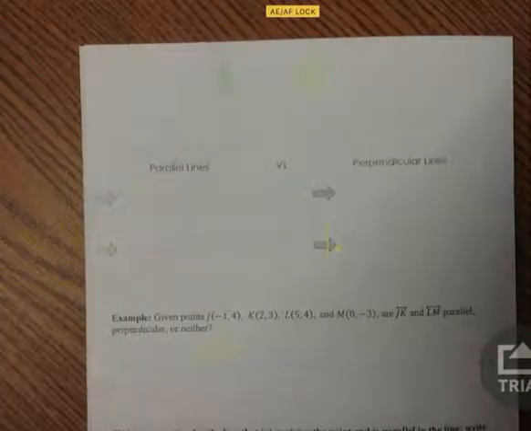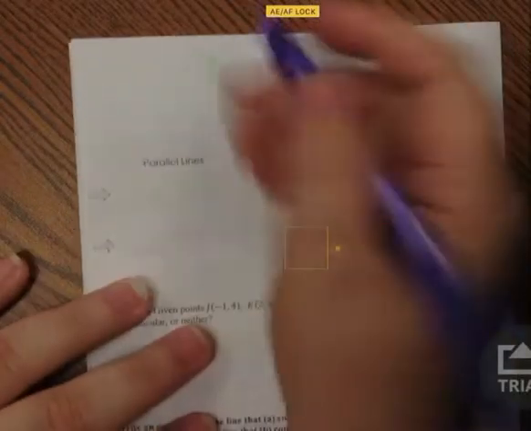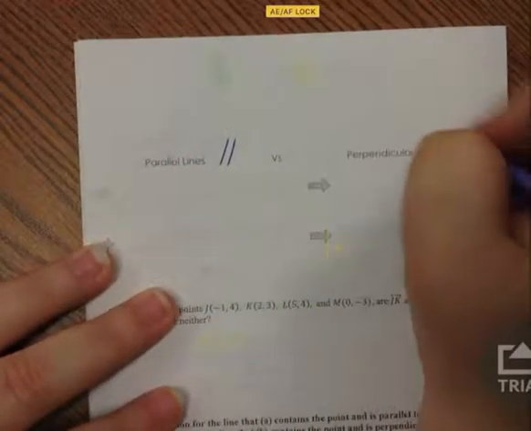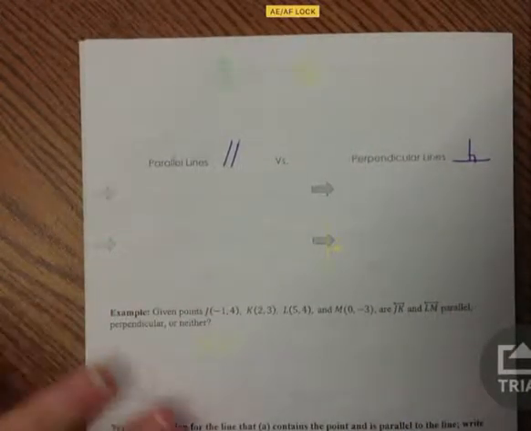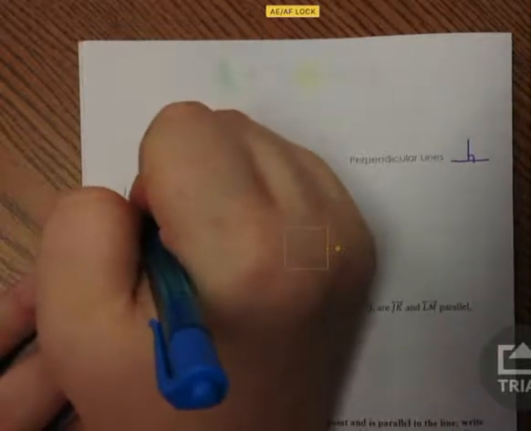We're now going to talk about parallel and perpendicular lines. Parallel lines have a symbol that looks like this. Perpendicular has a symbol that looks like this. Parallel lines are lines that will never intersect.